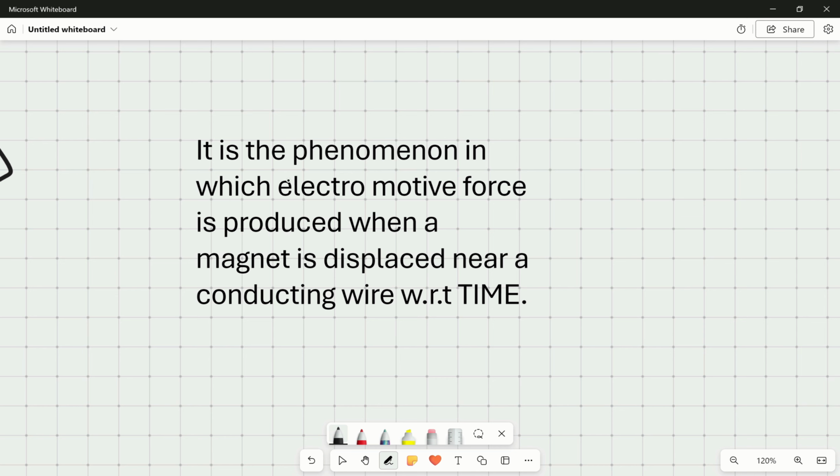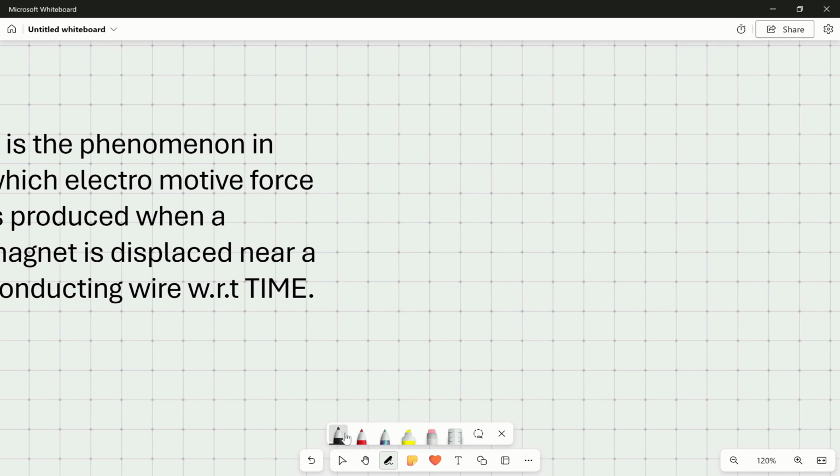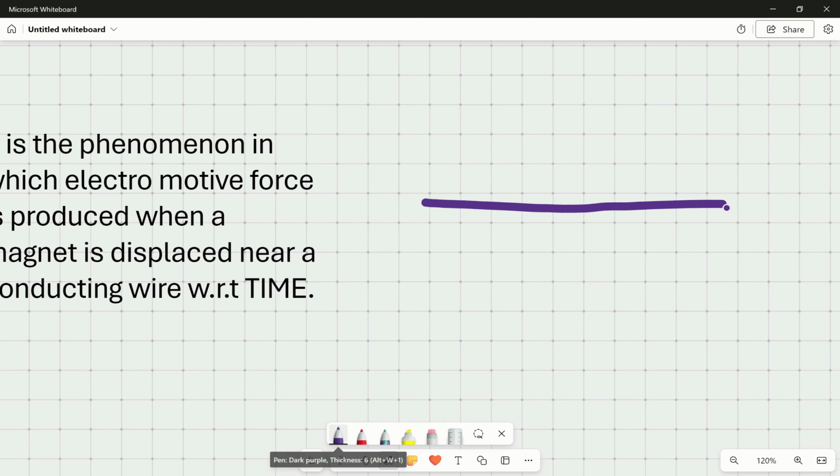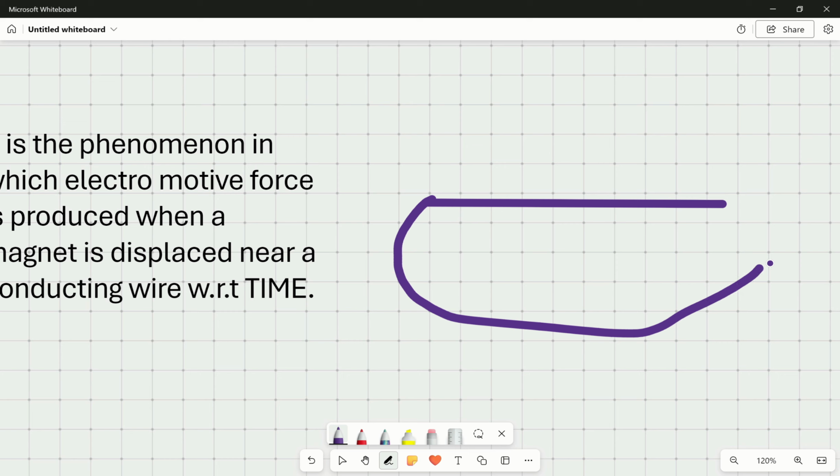Imagine there is a wire, and what is the color of the wire? Purple. So imagine there's a purple wire, and no current is flowing through it. Let's make it circular because a circle is the better way to visualize things.